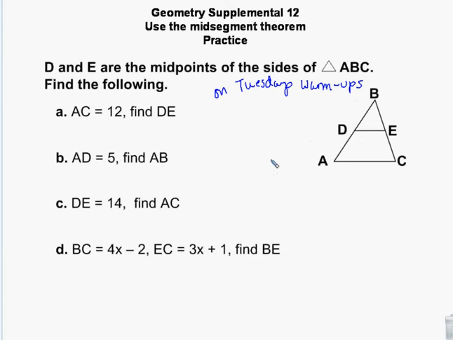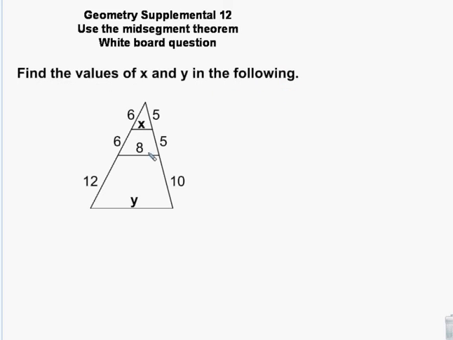If we have a compound triangle, this is a midsegment, and I know that this is a midsegment because this is 10, and then this together is 10. So 8 is a midsegment, this length here, and then X is also a midsegment because these are both 5s and these are both 6s. Okay, so I have a midsegment and then a midsegment of the new triangle.